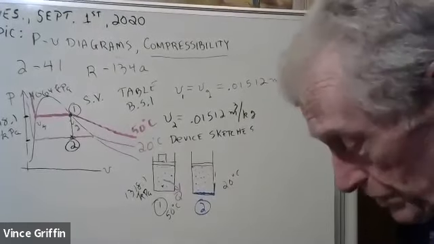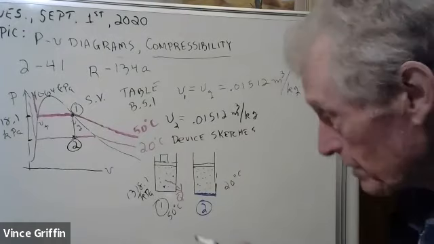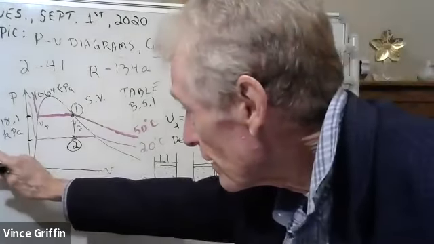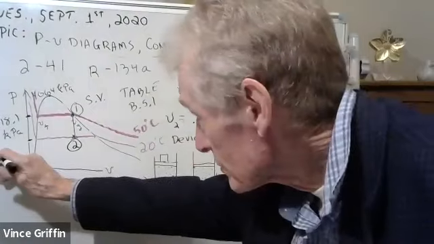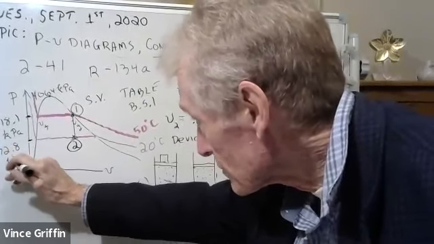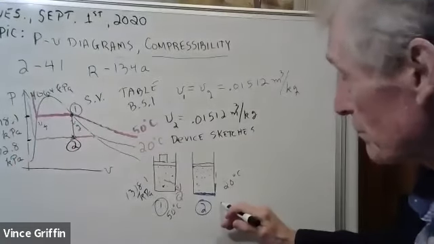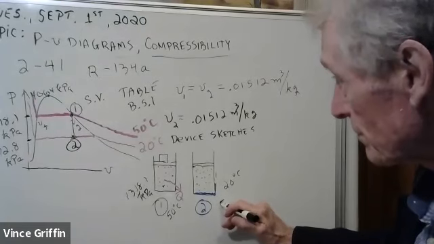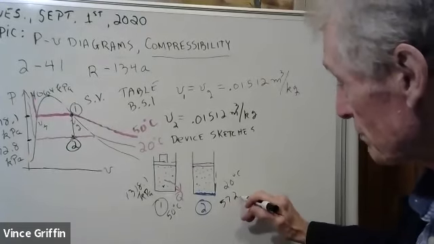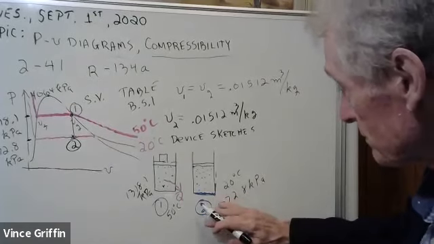Look up 20 degrees. And the pressure there is 572.8 kilopascals. That's our new pressure. Pressure now is 572.8 kilopascals.